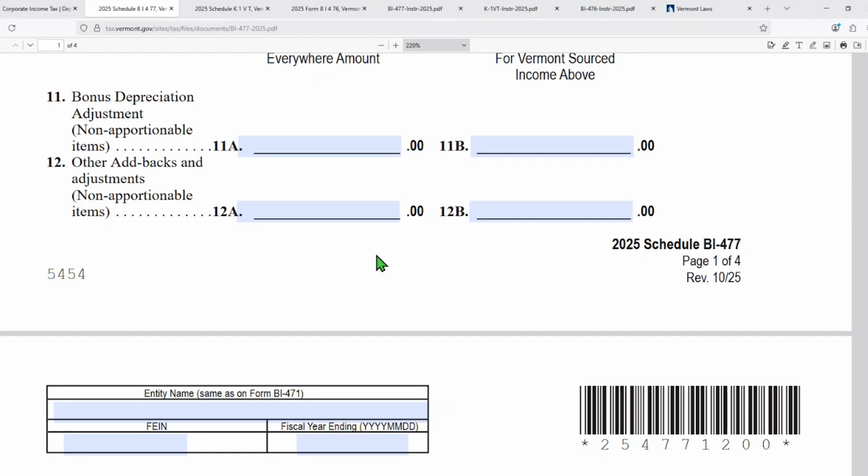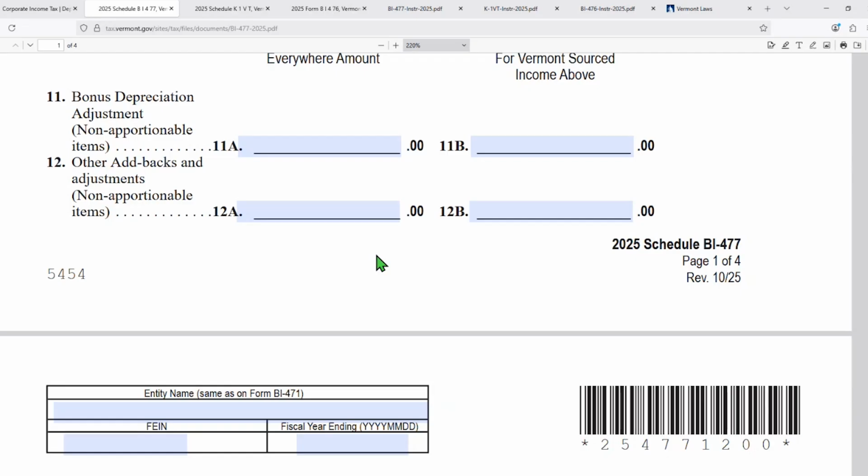Let's say your widget business has a bunch of pieces of machinery that it has taken bonus depreciation on, though I don't even know if you can take bonus depreciation on machinery, but whatever. Let's say you did, and you decided to sell that machinery in a one-time sale. You're not in the business of selling machinery, you're in the business of making and selling widgets.